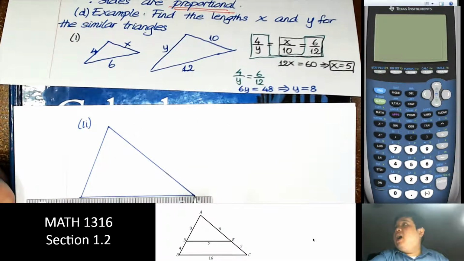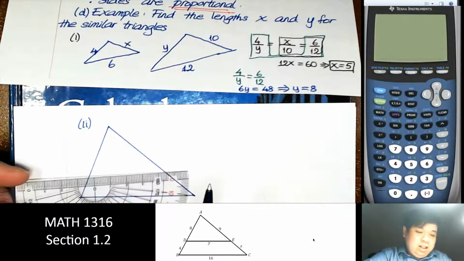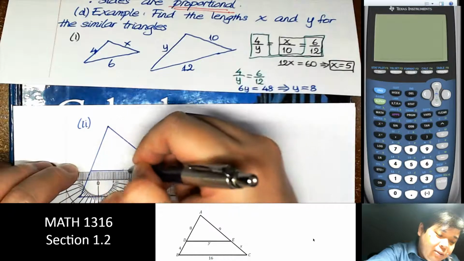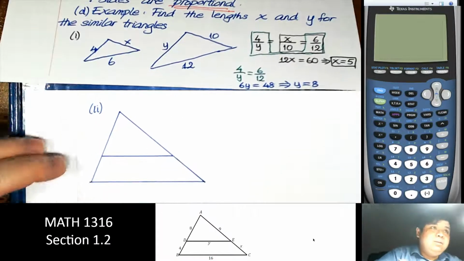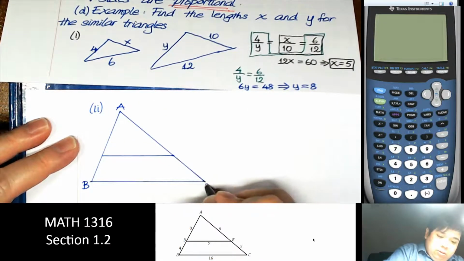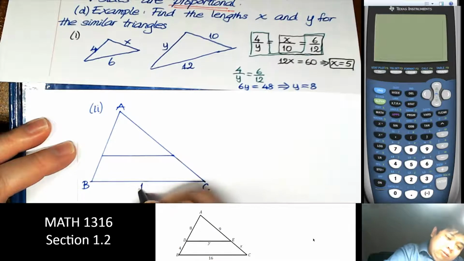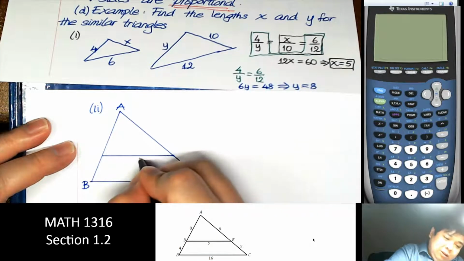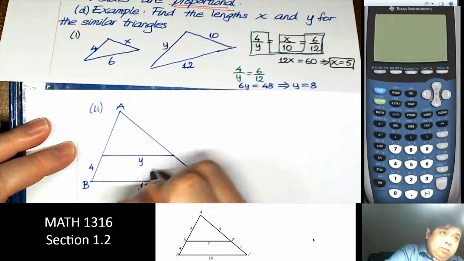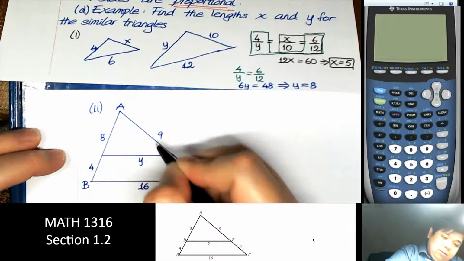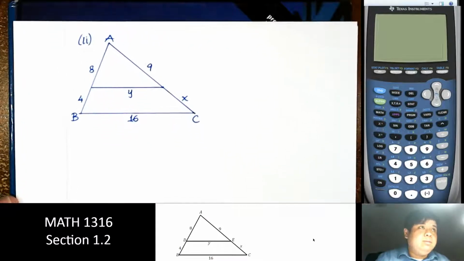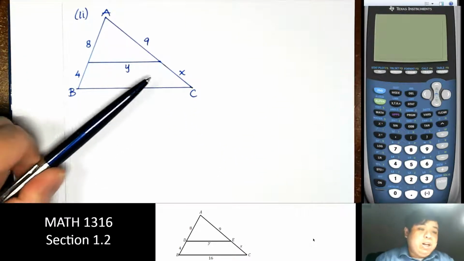All we have is DE is parallel to BC. So that's what we are given for our problem. And of course we need to find x and y.